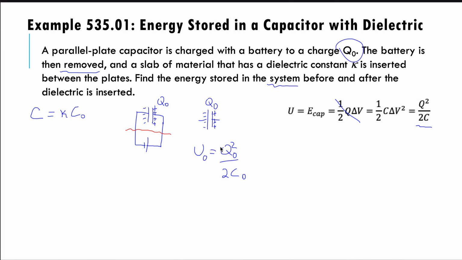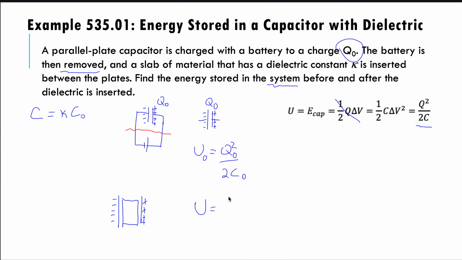So we have our expression for the initial energy. Now we want to find the final energy once we add a dielectric between the plates. We have our capacitor with a negative and a positive plate, and we insert a dielectric. What happens to that energy? What happens may be a little bit counterintuitive.